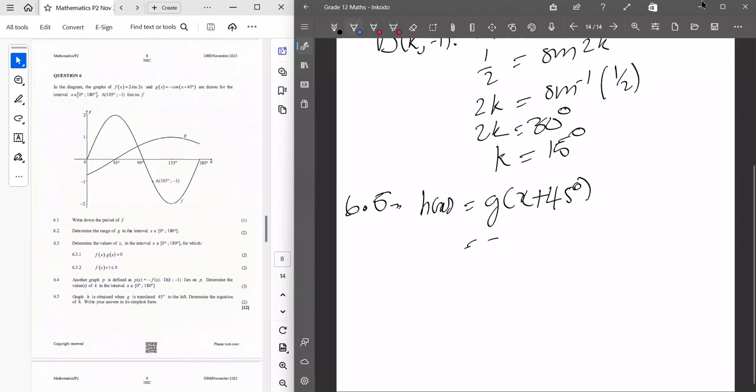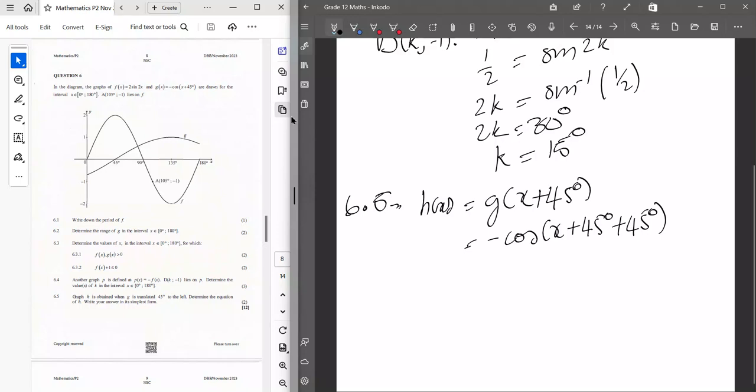G of x was minus cos x plus 45, remember, plus 45 degrees. Remember, where there's x on G of x, we put x plus 45. So this is minus cos 90 degrees plus x.